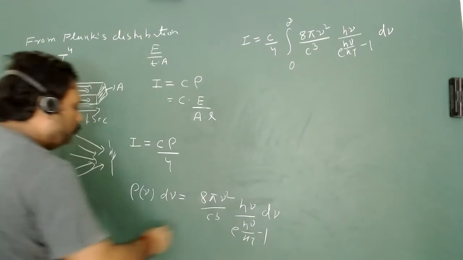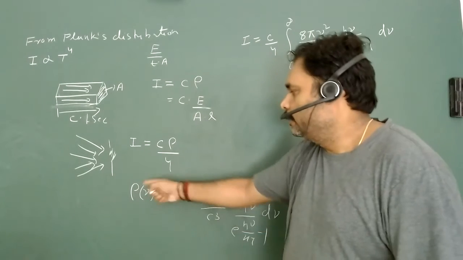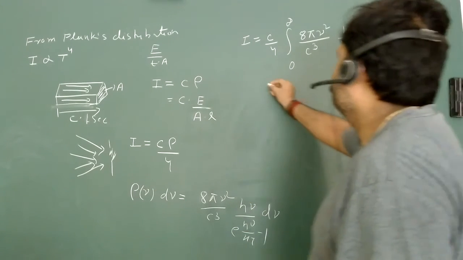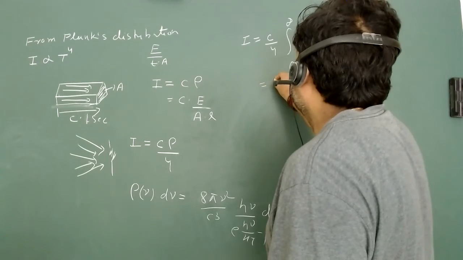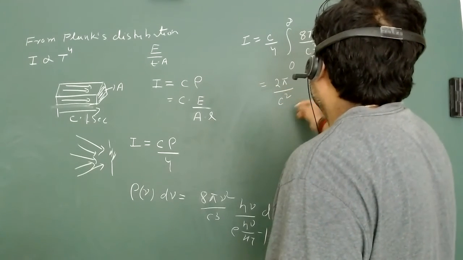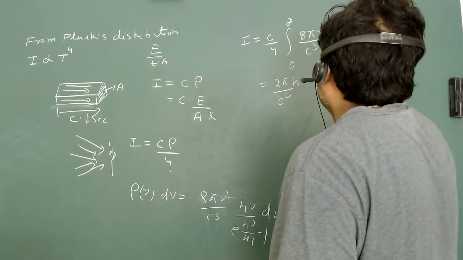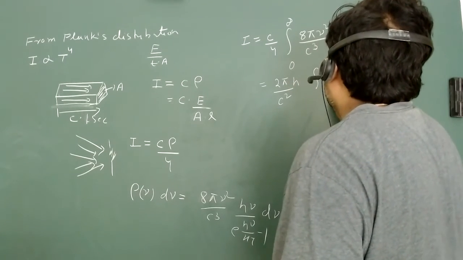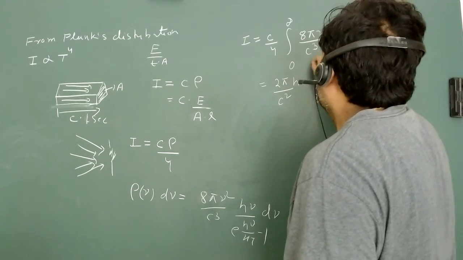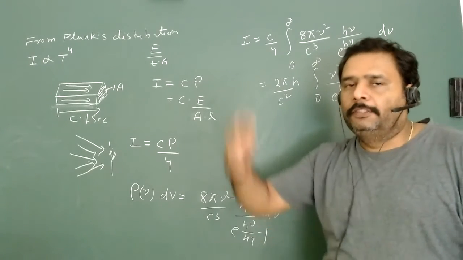If we integrate over all possible frequencies, we get the total density rho. Before integrating, we can take all the constant terms outside. That will be 2 pi h upon c square, and inside we have nu cube d nu upon e to the power h nu upon kT minus 1, with frequency from 0 to infinity.